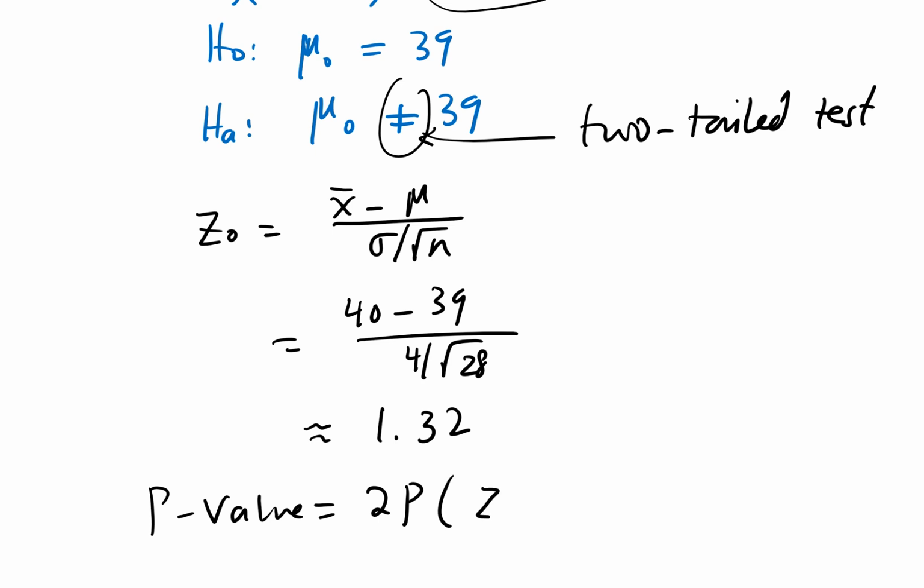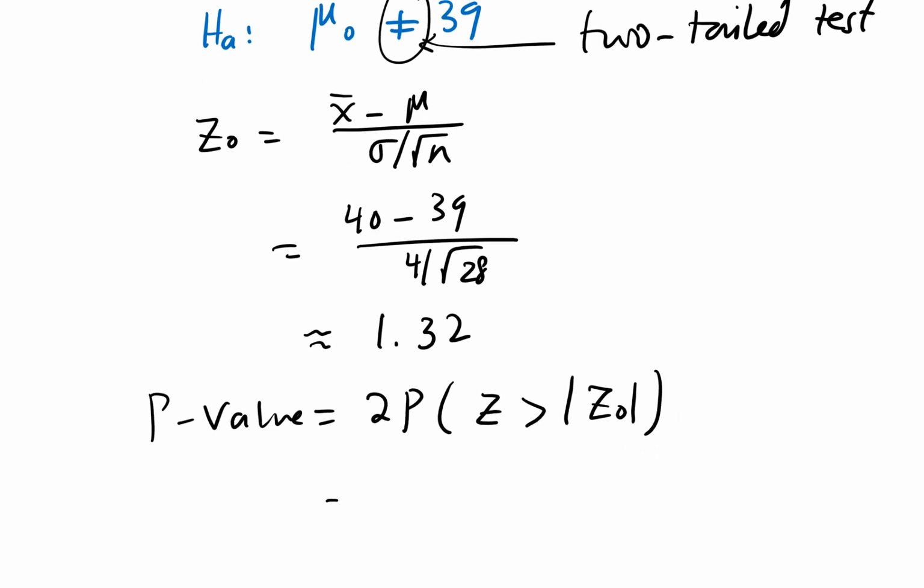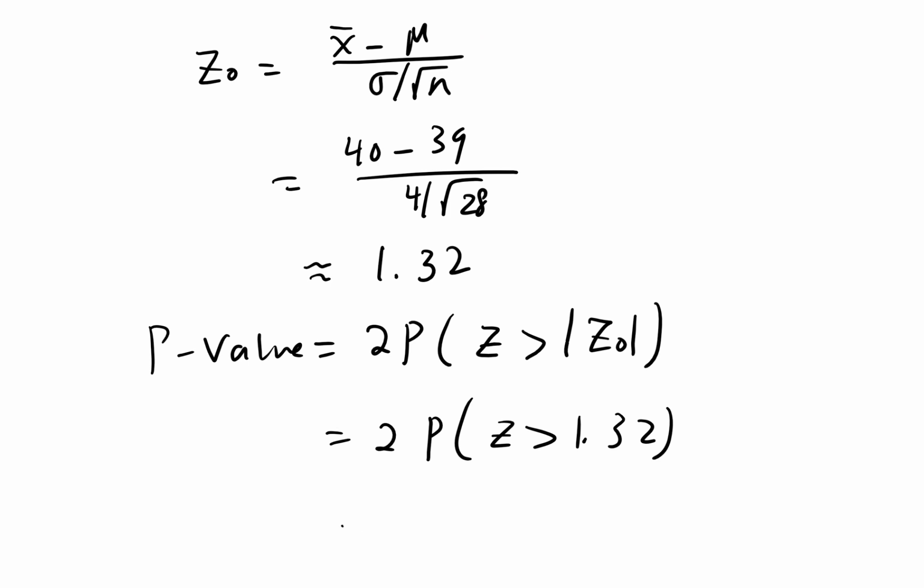z is bigger than the absolute value of z0, and this is the same as 2 times the probability z is bigger than 1.32, the one I found earlier.